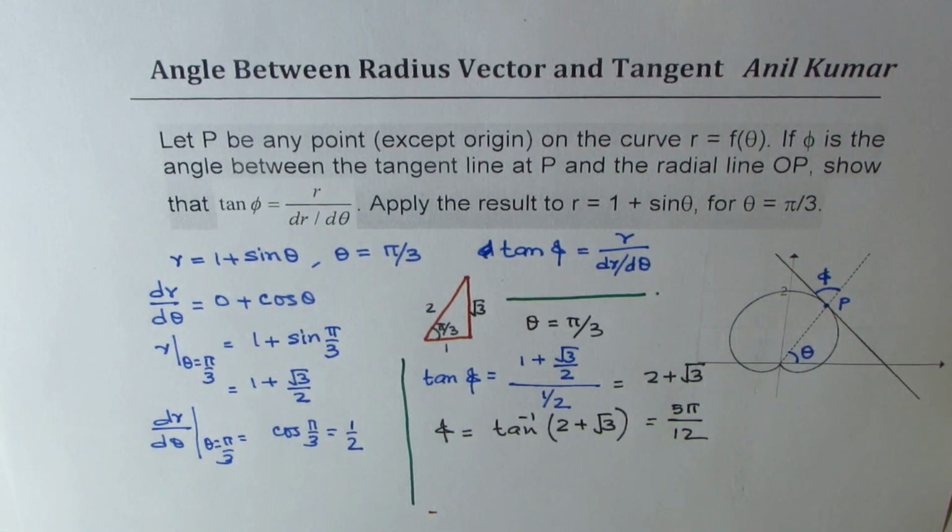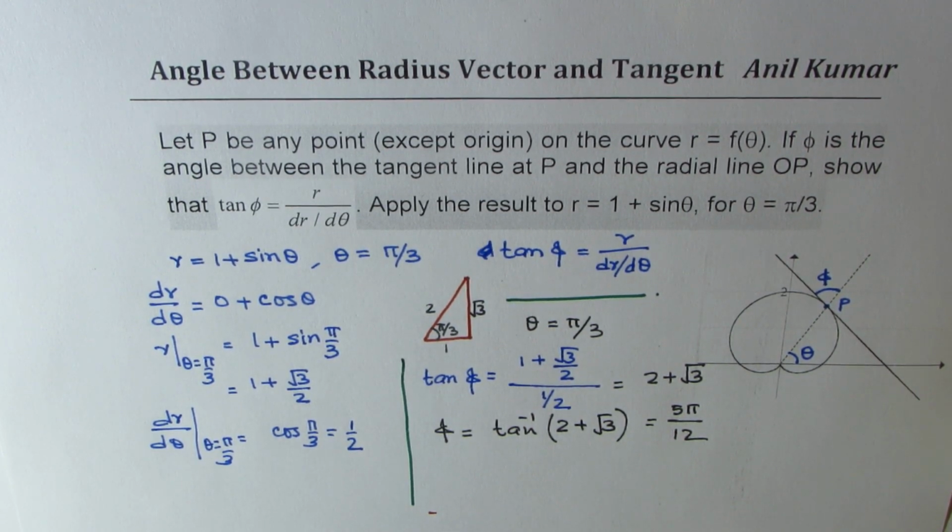Correct? So that is how we can very easily calculate the angle between the radius vector and the tangent. So I hope you have understood the importance of this particular relation and seen how we could actually solve such questions so easily.